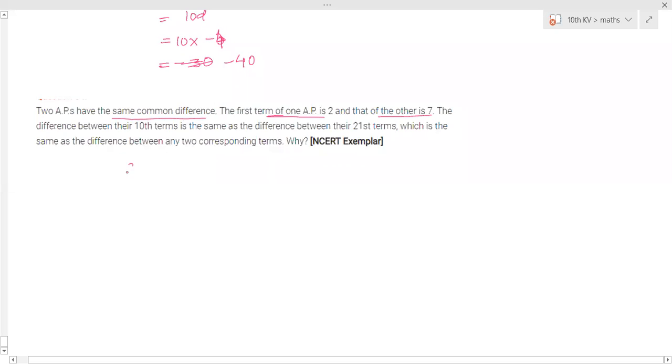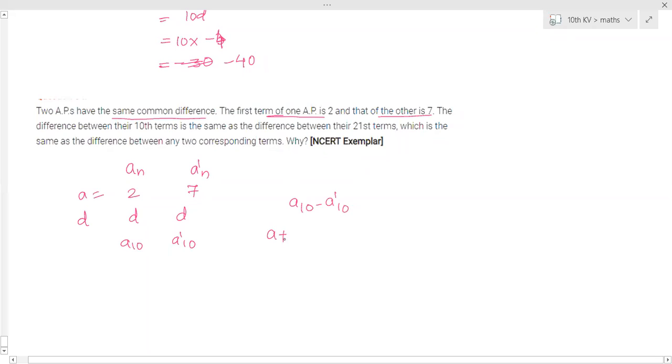Now two APs, one is an, another one is a dash n. First terms are 2 and 7. Difference is the same, d, d. Now we have to find the difference of their 10th terms, that is a10 minus a dash 10.